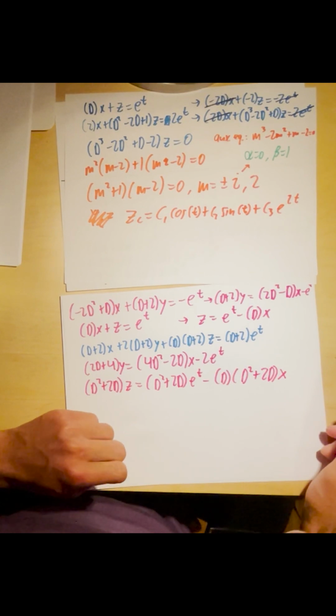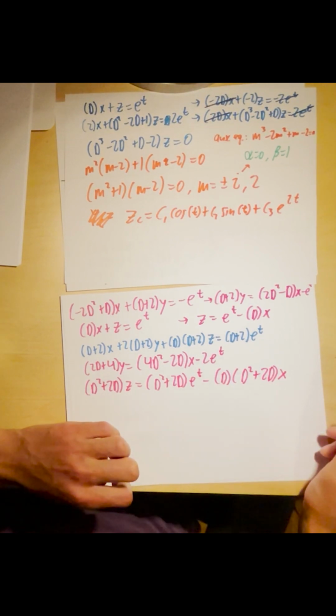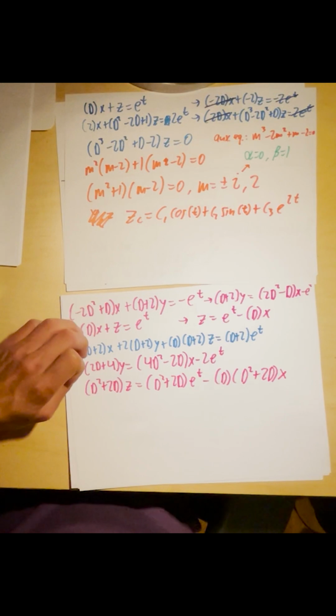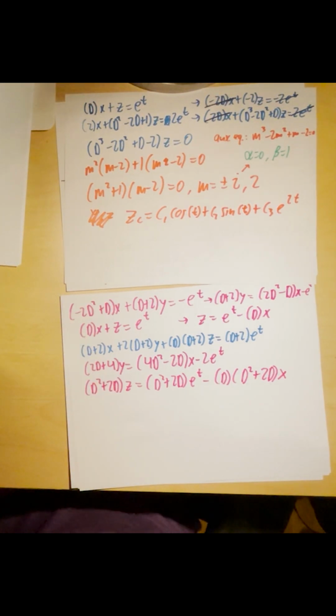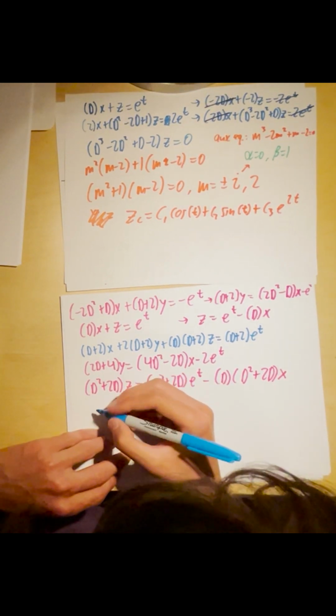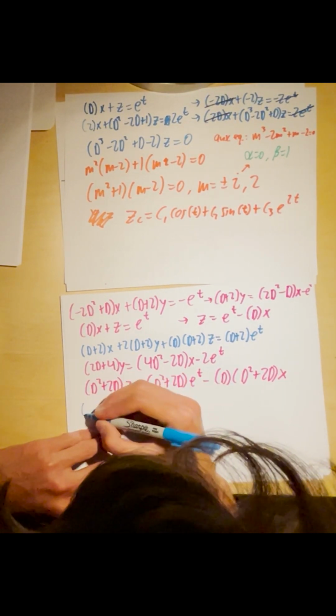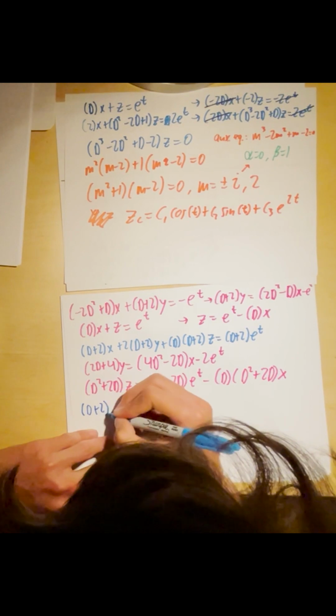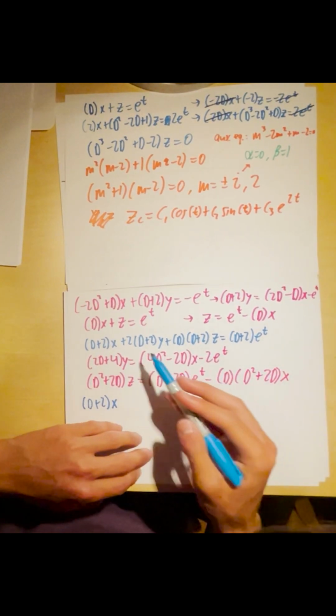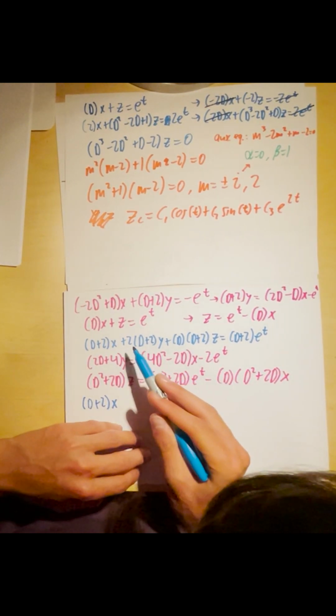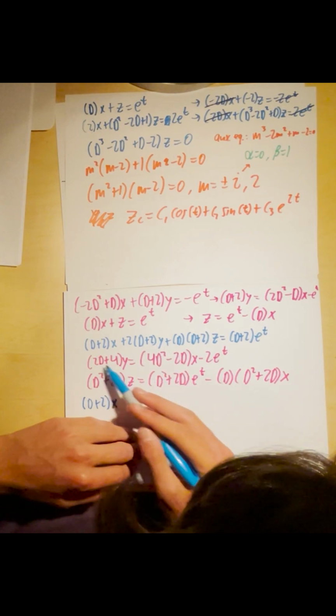Now we have enough to plug into this blue equation. And for the sake of understanding, I'm going to do some color coding here. D plus 2x. And then our 2d plus 4y term we found right here.